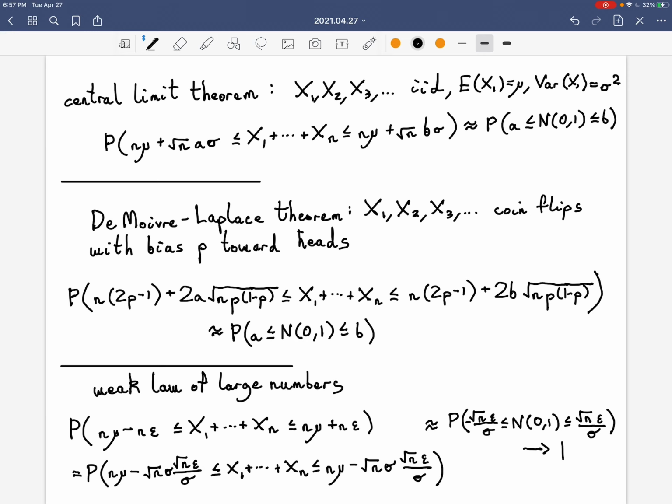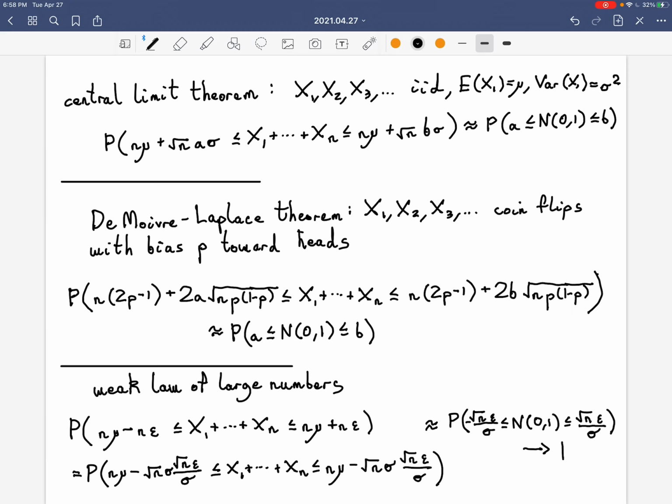And the weak law of large numbers tells us that the probability of the average being within any positive error interval around the mean converges to 1. And so we can see that the weak law of large numbers can also be thought of as saying that the probability the error is sublinear converges to 1, no matter how slow the linear rate of growth in the error you're inquiring about is.